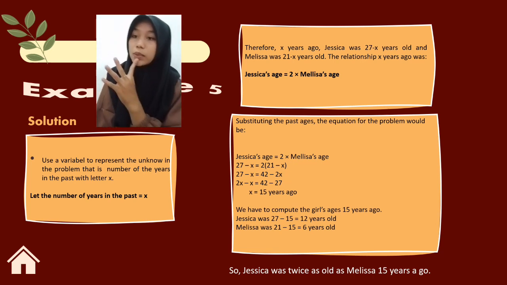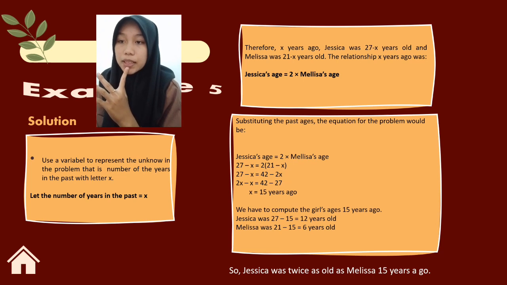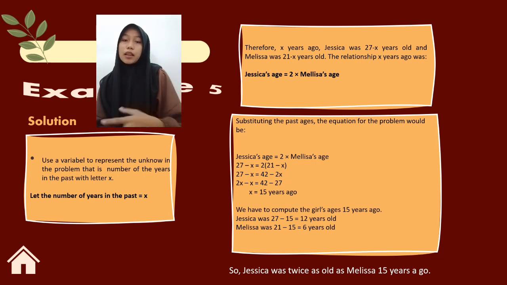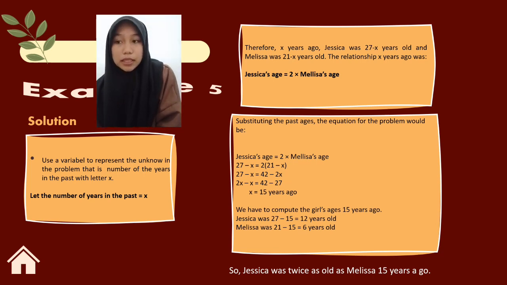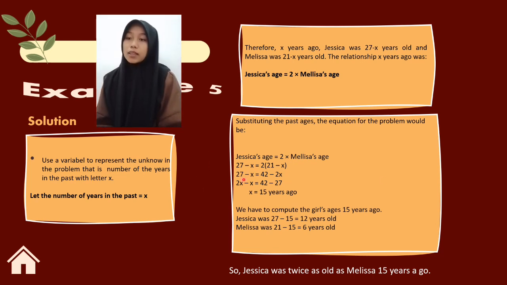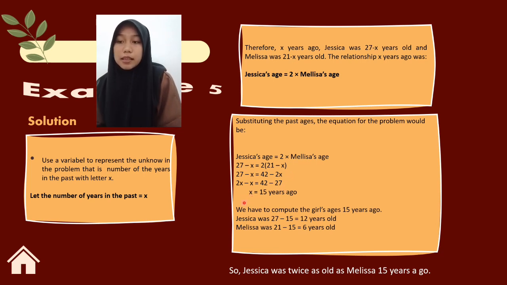Next, we substitute the past ages. The equation for the problem would be Jessica's age equals 2 times Melissa's age. So 27 minus x equals 2 times 21 minus x. And we have x is 15 years ago.